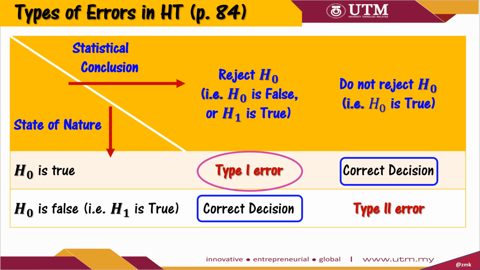Likewise, if the state of nature H0 is false, that is, H1 is true, but after running a statistical test, we conclude to accept H0, we are said to make a type 2 error, which is defined as accepting H0 when H0 is false.